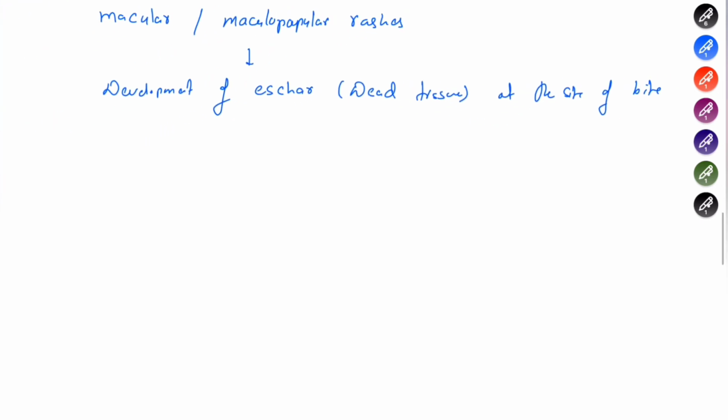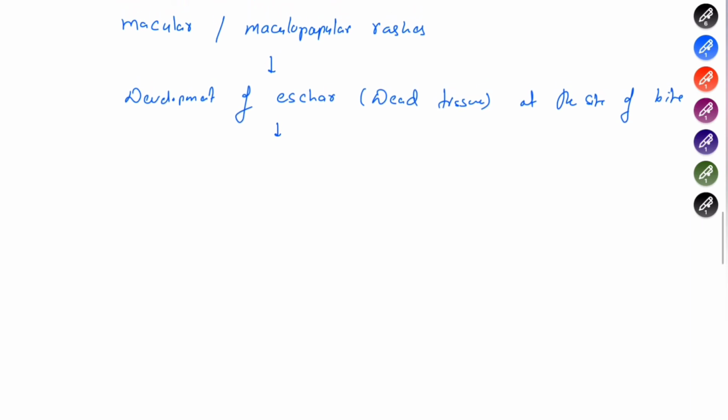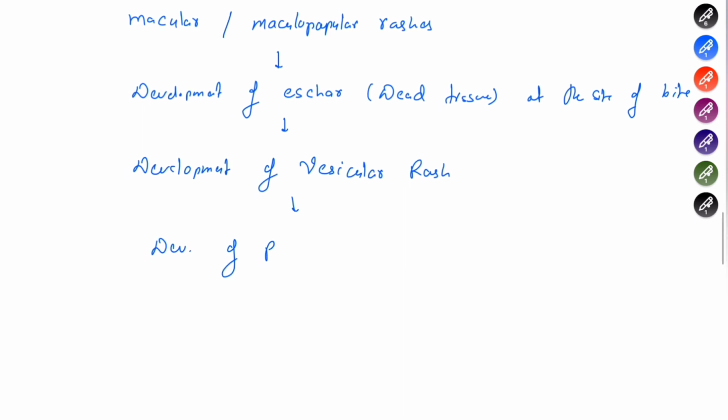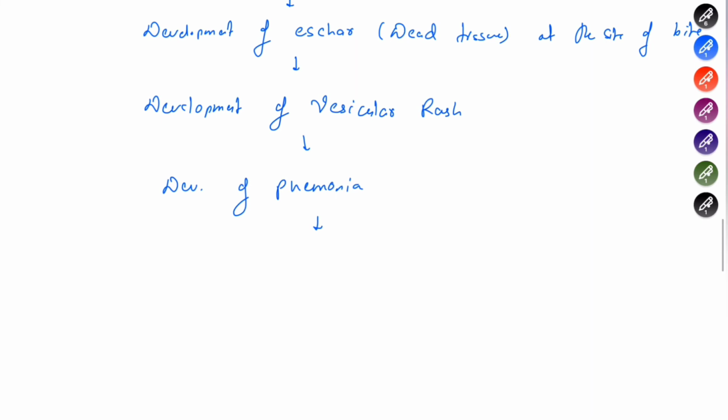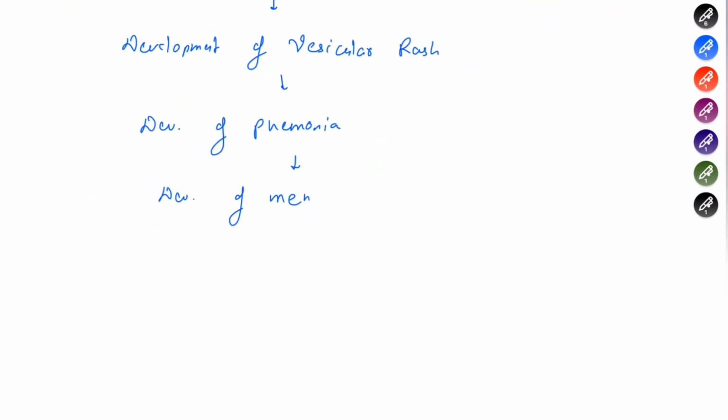It is followed by development of vesicular rashes. After that, development of pneumonitis due to involvement of respiratory organs. Then the development of meningoencephalitis.